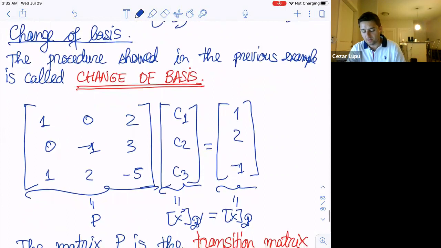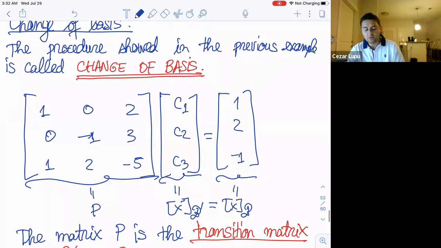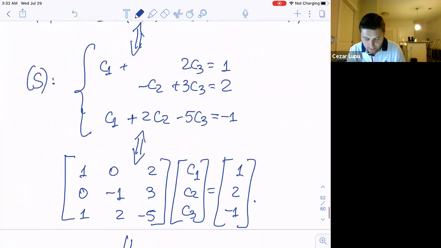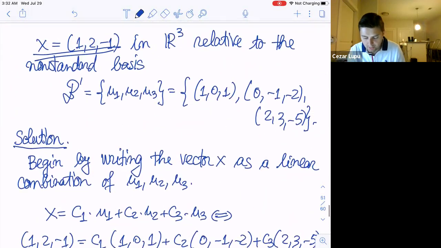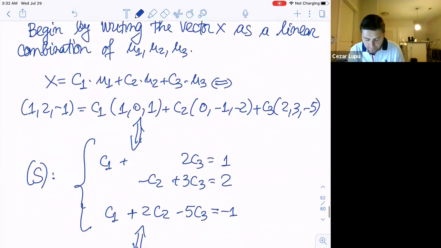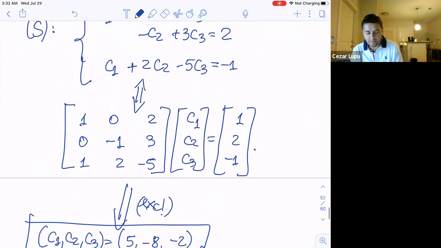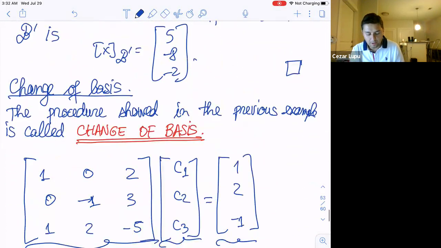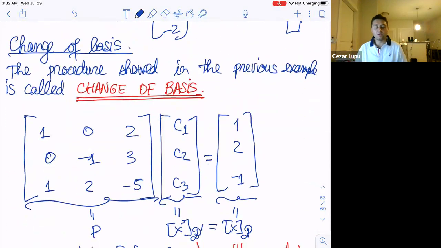Let's rewrite this. As you can see, I wrote this matrix P. Let me just go back. As you can see, I formed this matrix 1, 0, 2, 0, -1, 3, and 1, 2, and -5, right?